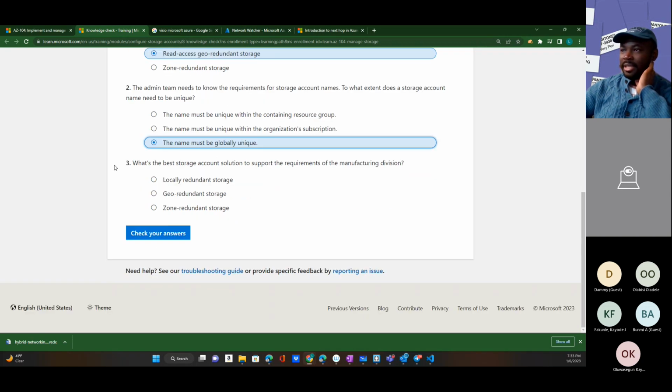Number 3, what is the best storage account solution to support the requirements of the manufacturing division? Mention this particularly.